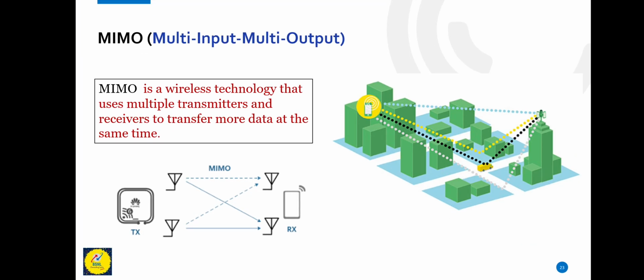Yeah, as you can see here in the MIMO, at the transmit side, 2 antennas are shown. Similarly, at the receiver also, 2 antennas are shown. So this MIMO technology is a wireless technology that uses multiple transmitters and receivers to transfer more data at the same time.